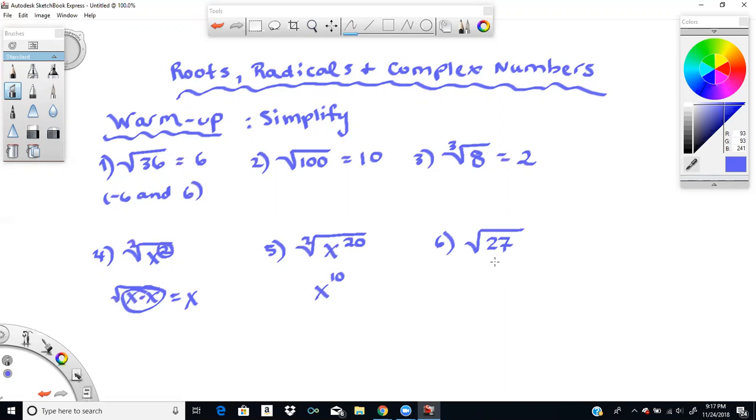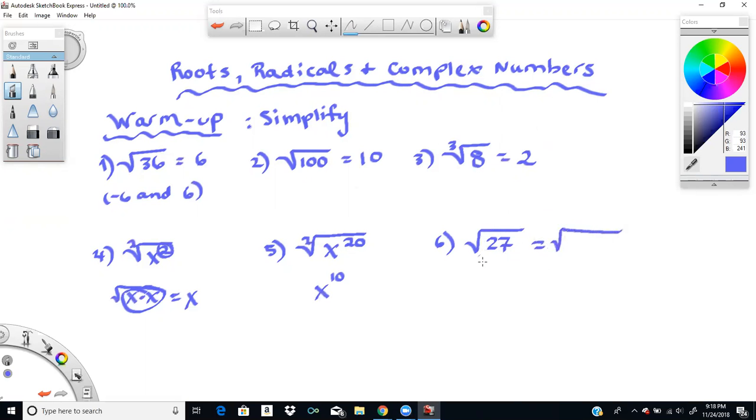Now looking at problem 6, we have the square root of 27. Is 27 a perfect square? No, it's not. However, we can simplify it using radicals.